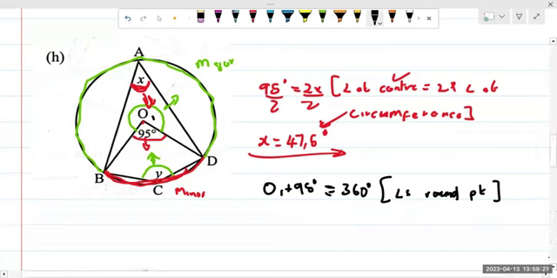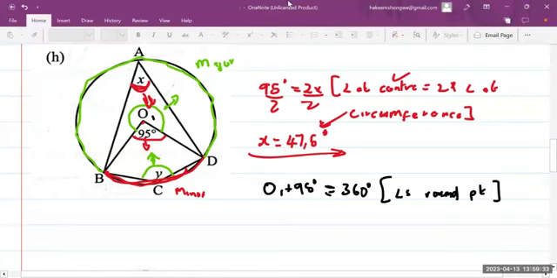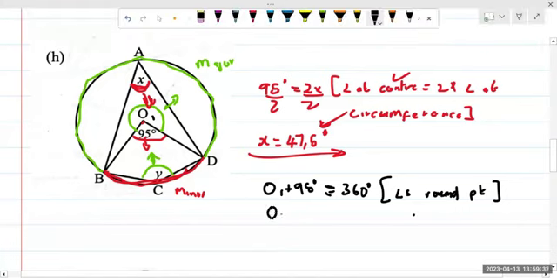Okay. Now, we can then get our O1. O1 is going to be given as 360 degrees minus 95. What is 360 degrees minus 95? 265 degrees.